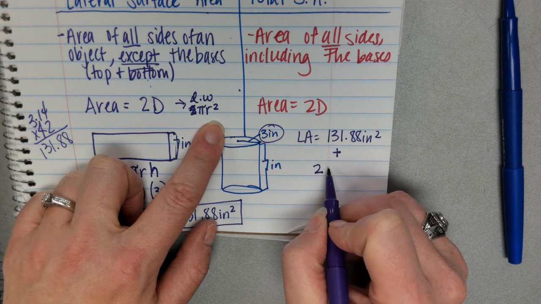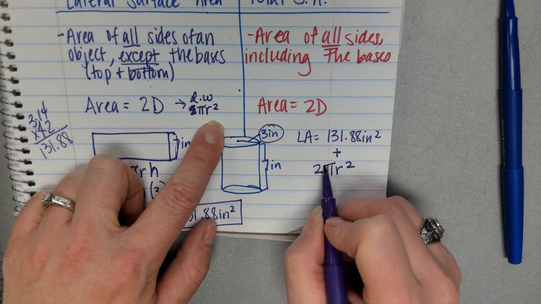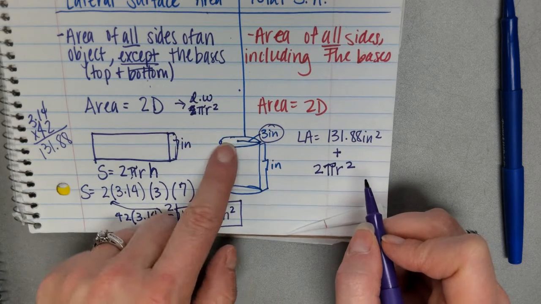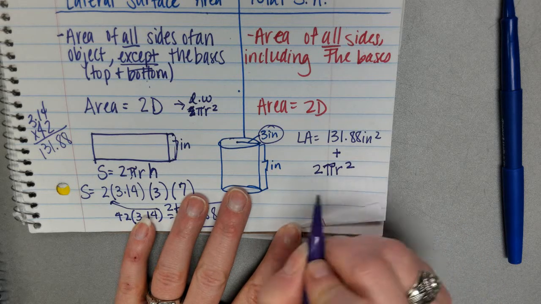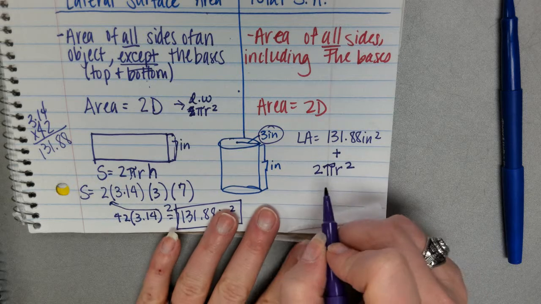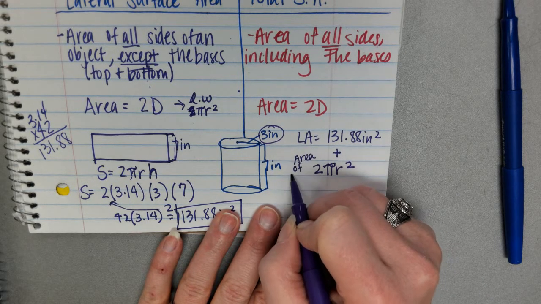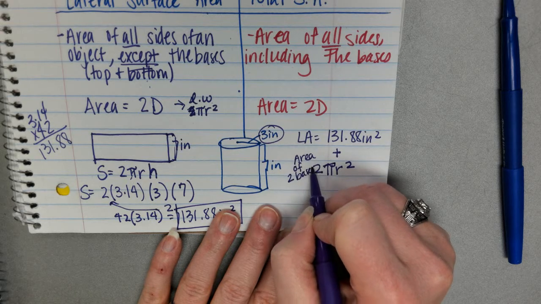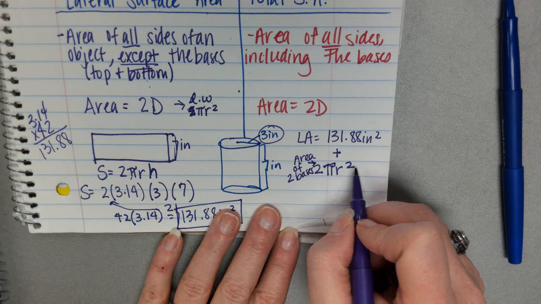So we're just going to put 2 in front of it, 2 pi r squared. Okay? The 2 is because there's a top and a bottom. This is the area of the 2 bases. So it's 2 times pi times r squared.